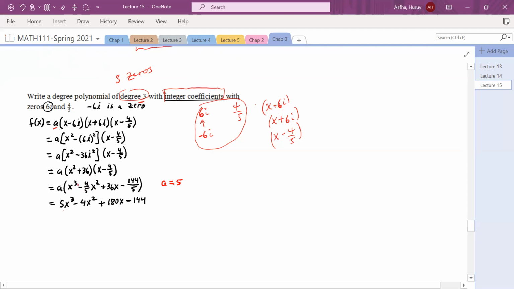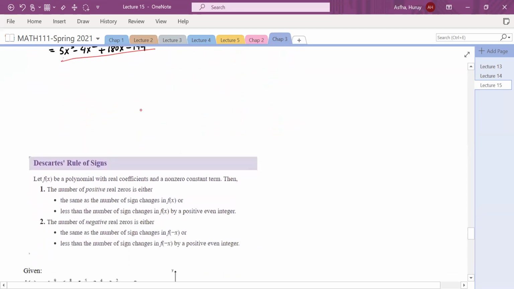To make the coefficients integers, we multiply each of them by the denominator, and the denominator is 5, so we get this polynomial. This polynomial has degree 3, each of the coefficients are integers, and of course it has 3 linear factors and 3 zeros.